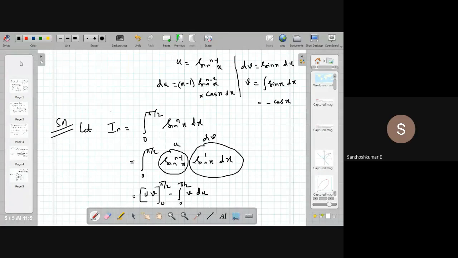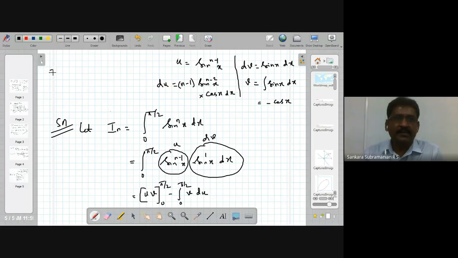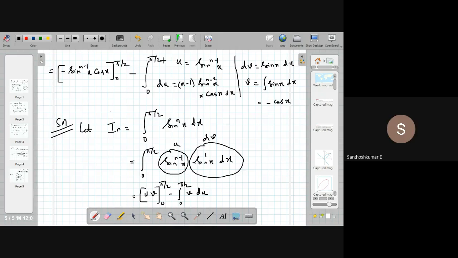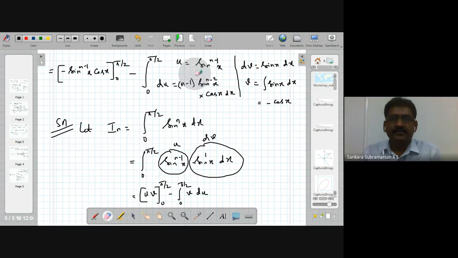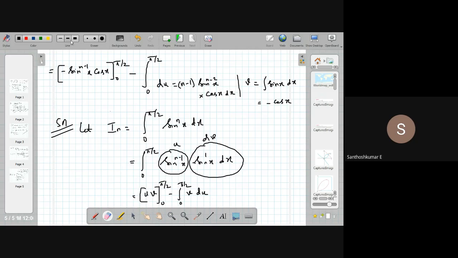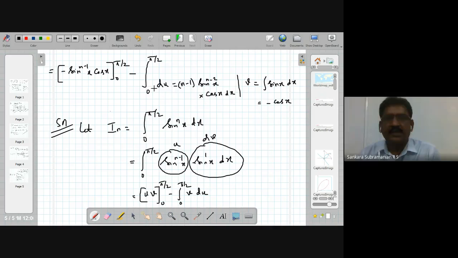Now I equals u, which is sin to the power n minus 1 x, times v, which is minus cos x, taken over the limit 0 to pi by 2, minus integral 0 to pi by 2 v du. v is minus cos x, so therefore it becomes plus cos x.